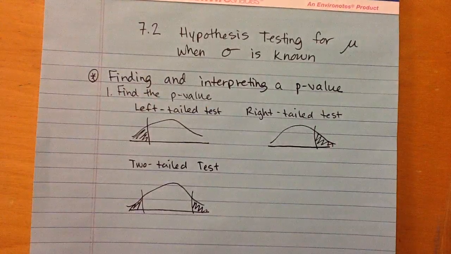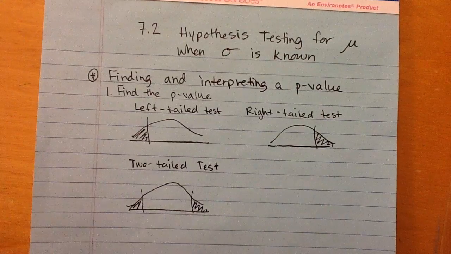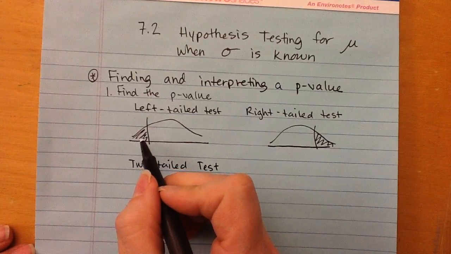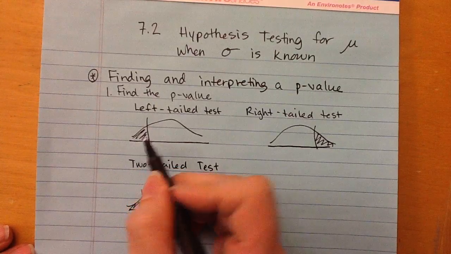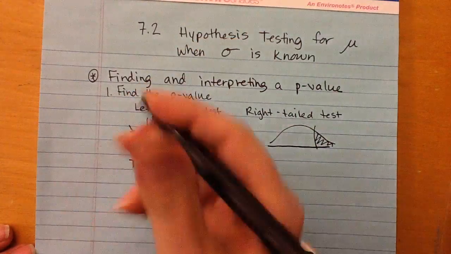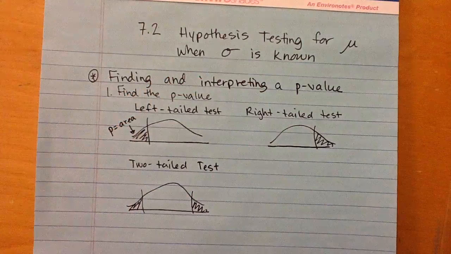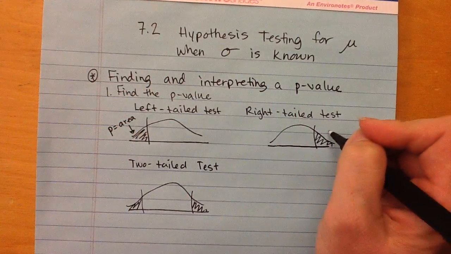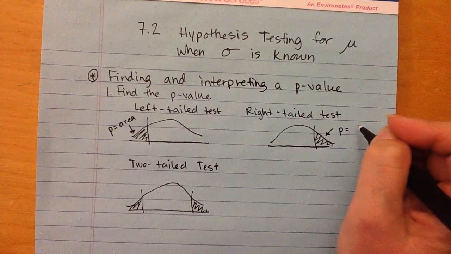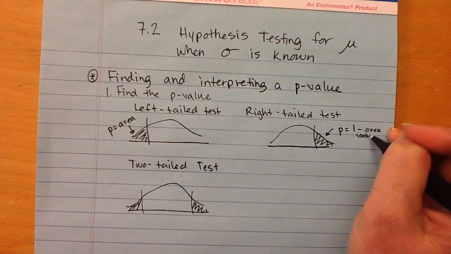And when we're testing for mu when sigma is known, we're going to be using z-scores. So when we look up these values, we're going to use the standard normal distribution. As you remember, it gives you the values that are shaded to the left. So P is going to be the area that you look up on this one. In this one, the P is going to be 1 minus the area that you look up.